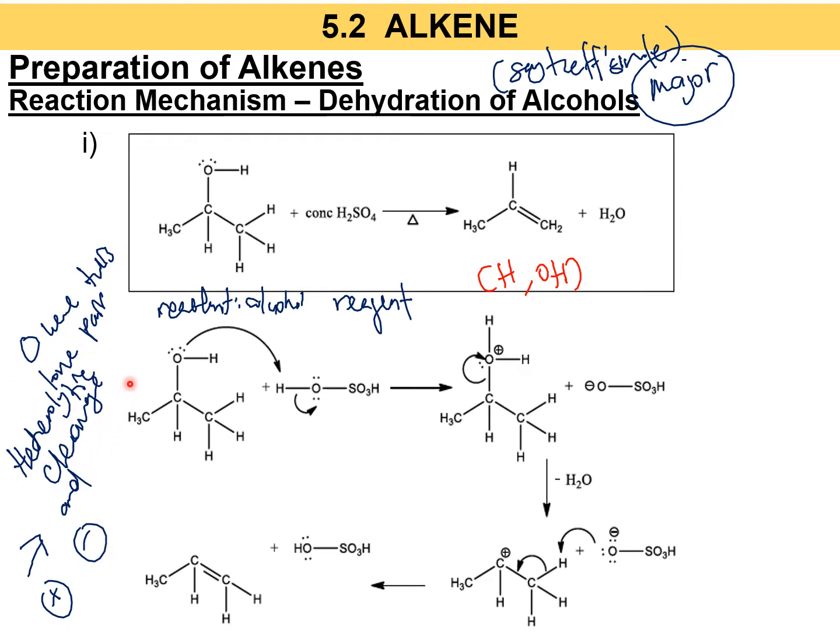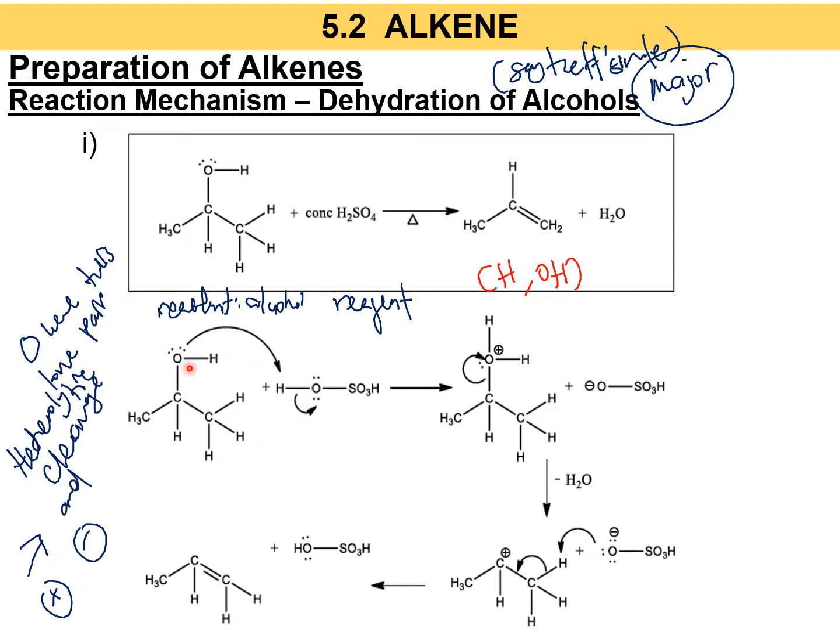So if you look here, this alcohol, apa yang berlaku kat sini, the first step ialah the oxygen of the OH ni alcohol ni, lone pair dia ni akan attack the hydrogen atom of the H2SO4.